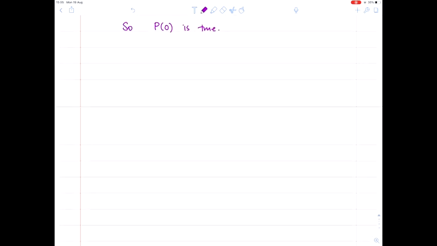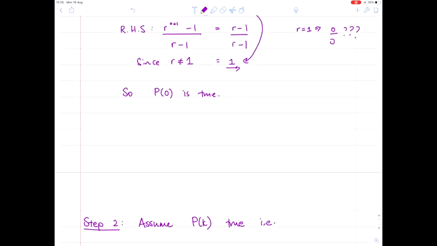The next case that we want to look at, our step 2, is we assume that Pk is true, i.e. the sum from i equals 0 to k of r to the i is equal to r to the k plus 1 minus 1 over r minus 1.